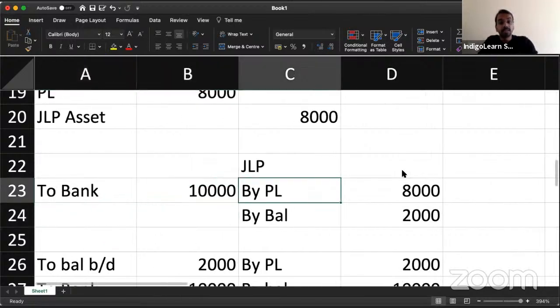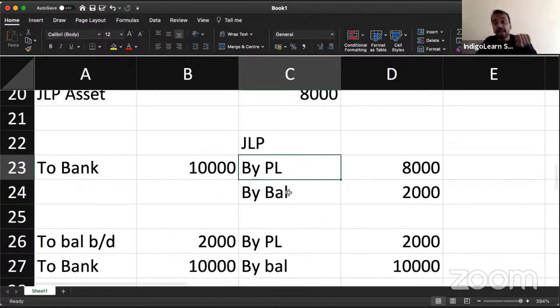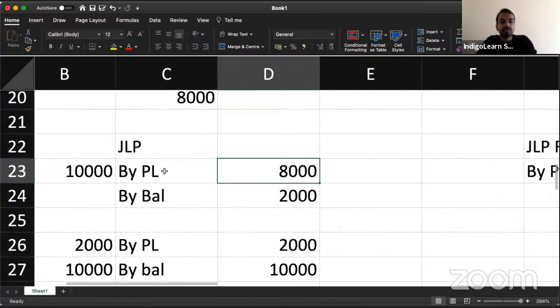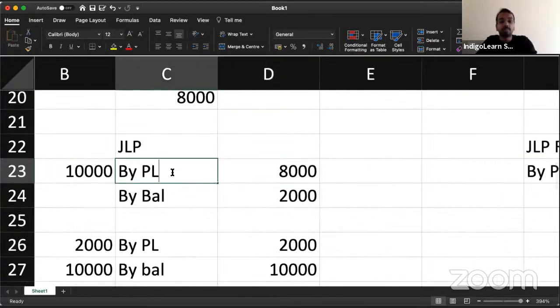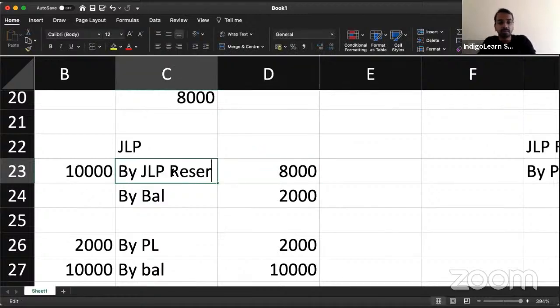And this amount, the joint life policy amount, whatever is the difference between the asset and the surrender value, this 8,000, you will not transfer to PNL, you will transfer to JLP reserve account.